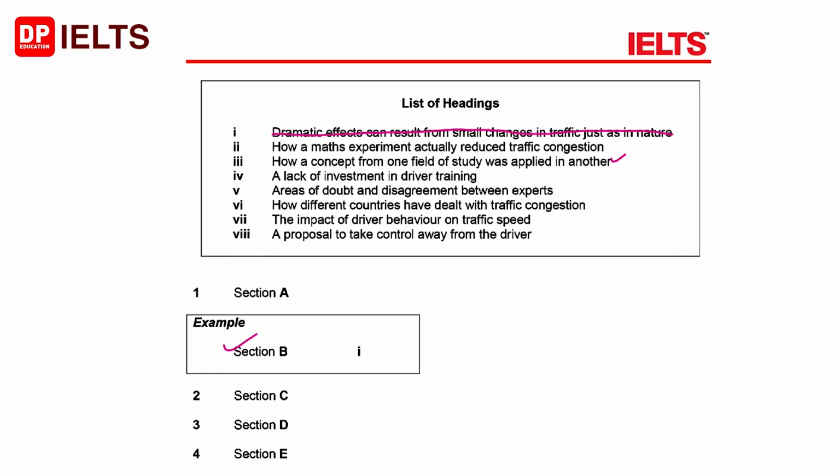The lack of investment in driver training, didn't talk about investment. Areas of doubt, didn't really talk about doubt. How different countries have dealt, we didn't see about different countries, so I wouldn't take that. The impact of driver behavior, didn't talk about behavior. Proposal, no. So I think the most appropriate one for A would be number 3.